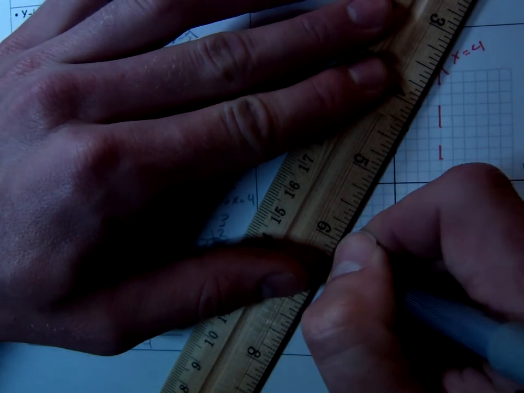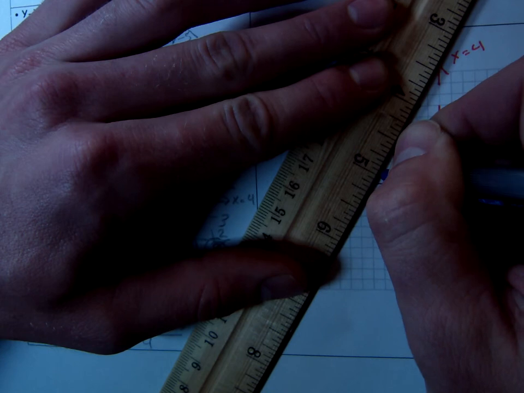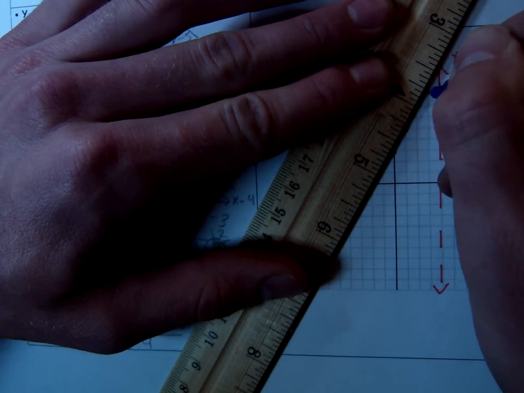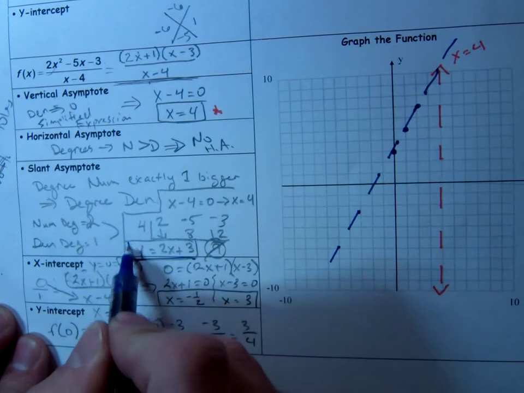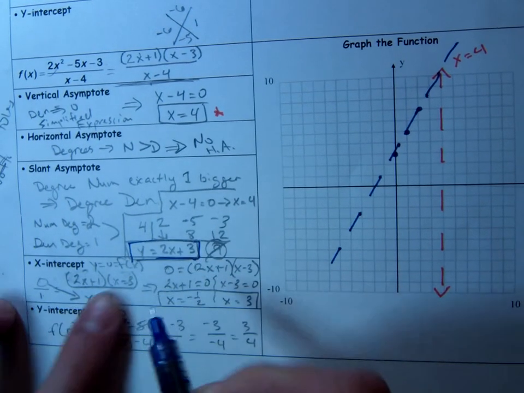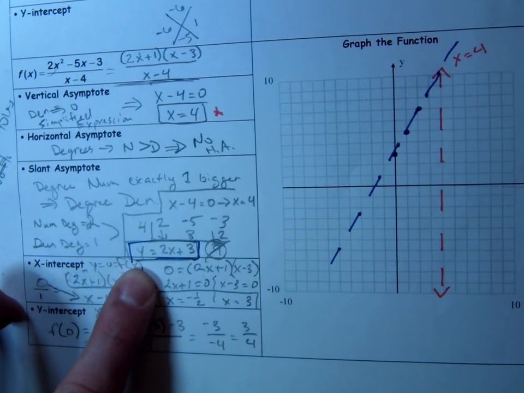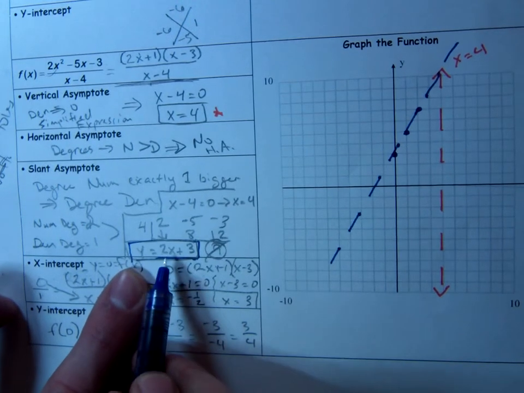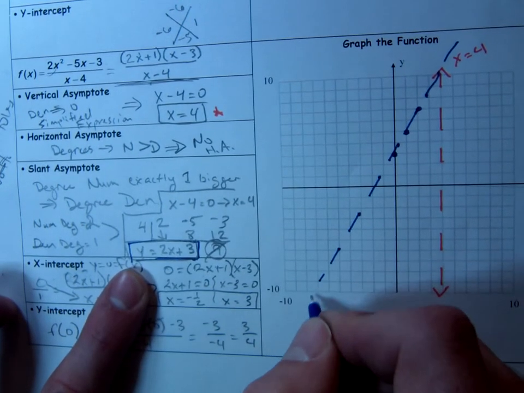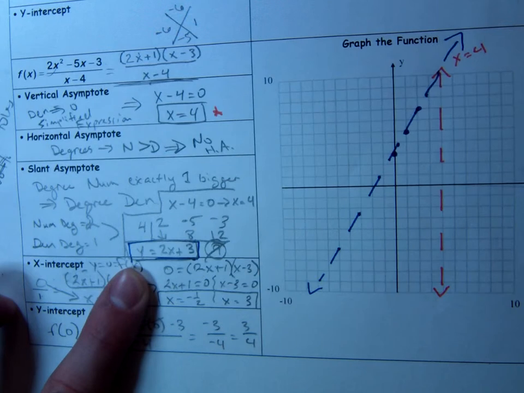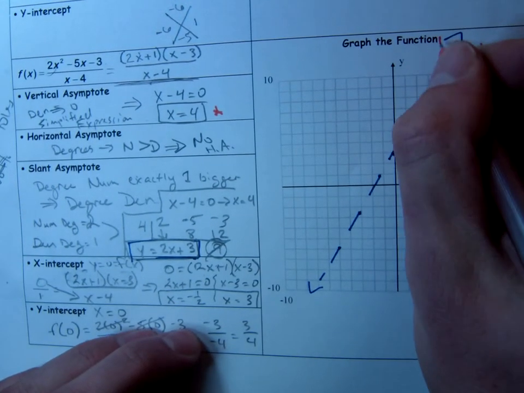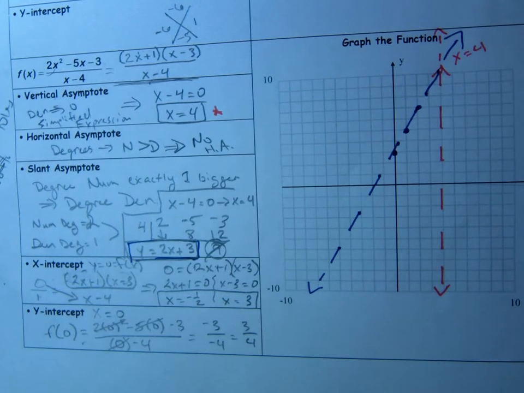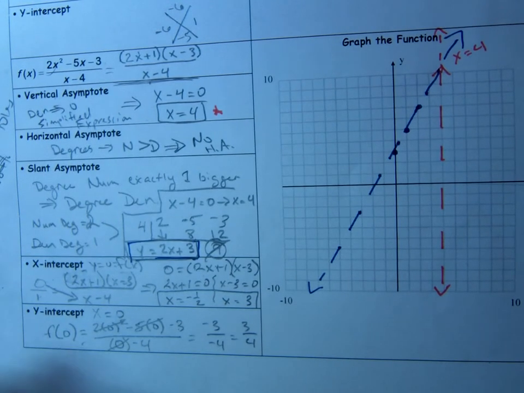All I did was graph y is equal to 2x plus 3. If you graph that using slope-intercept form, then the y-intercept of our slant asymptote is at 3. Obviously, I probably should have used different units because we're going to end up off the graph here. But that's okay. We can figure it out.